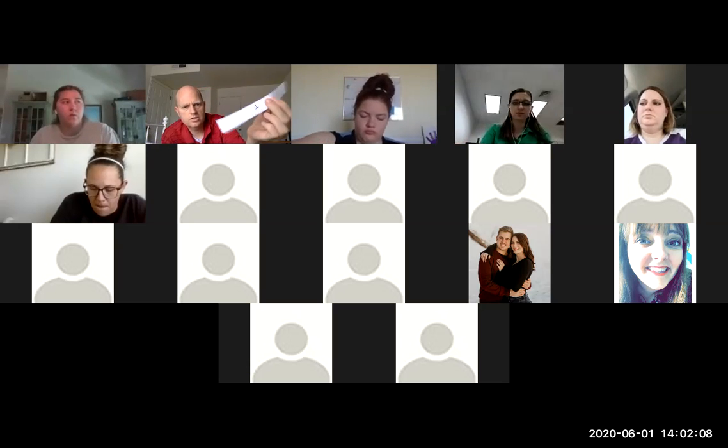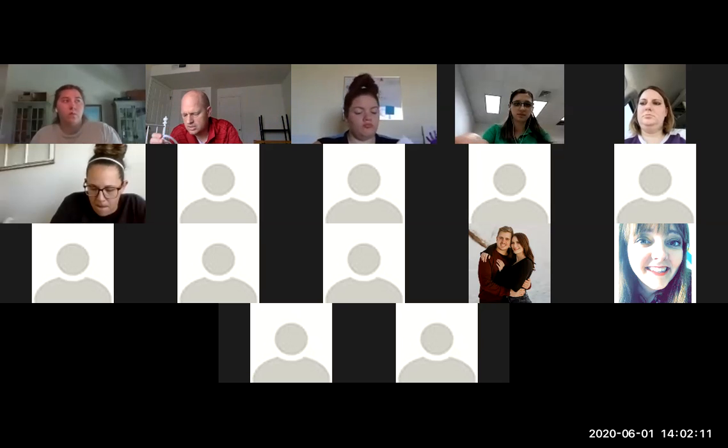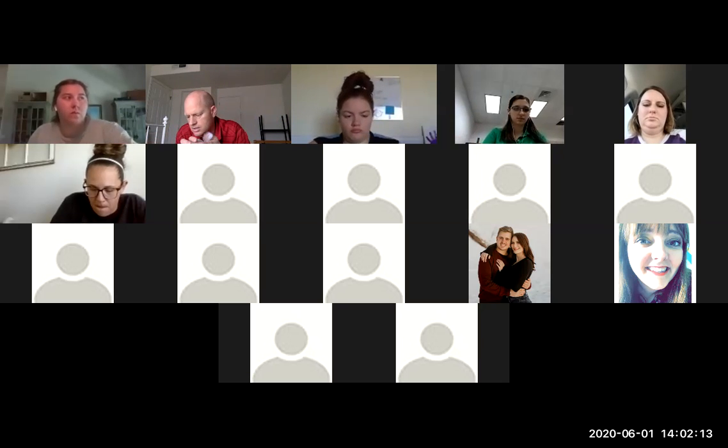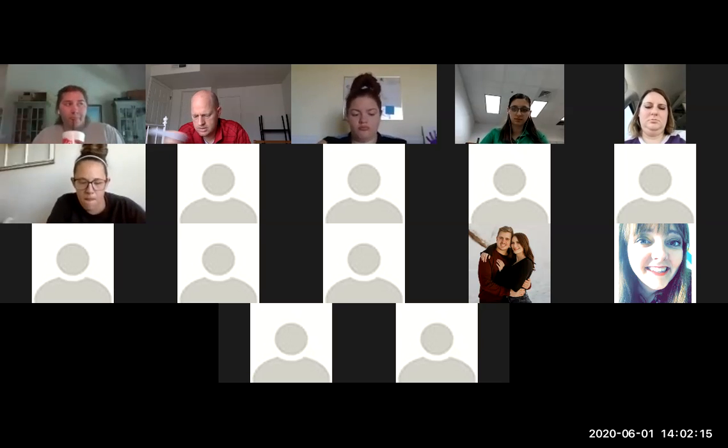So I've kept my one strip here, put a 1 on it, kept it apart there, and I can discard the other materials.